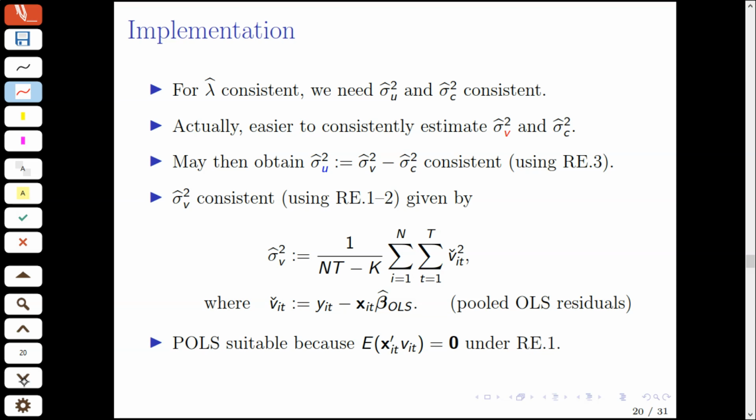Actually, it's easier to obtain a consistent estimator first of the composite error variance as well as the individual effect variance, and then invoking the third random effects assumption, we may obtain a consistent estimator of the idiosyncratic error variance by means of subtraction.